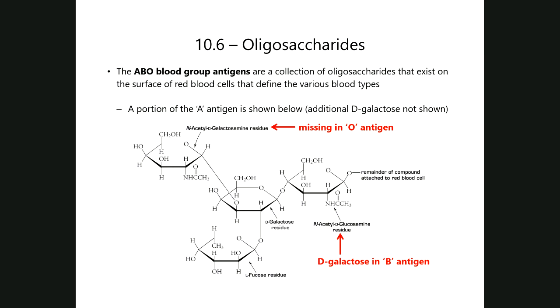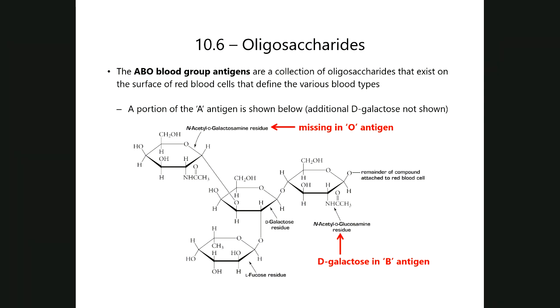So what actually identifies you as having a particular blood type is that some of the proteins on the surface of your red blood cells contain a set of oligosaccharides, and depending on which oligosaccharide it is, which monosaccharides it contains, and how they are linked, that is what your red blood cells contain. That's what defines your red blood cells as being either A, B, or O. Okay?